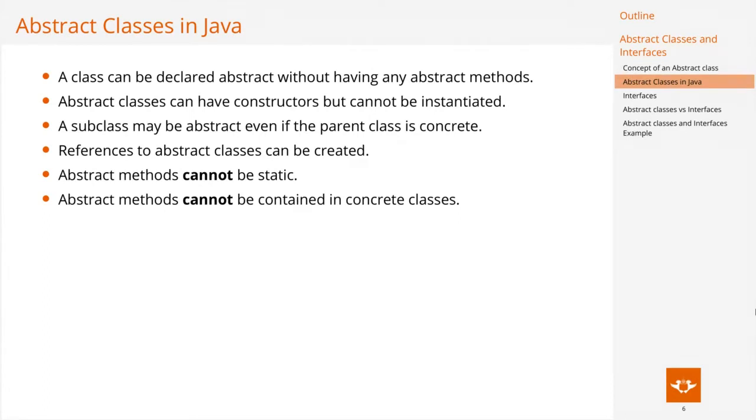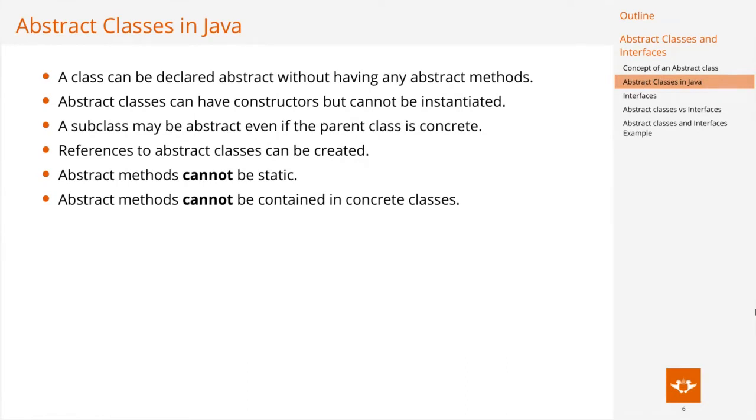So it has to be true for this to work. You can have a subclass that is abstract when your parent class is concrete, and that chain can continue. You can have a subclass that's concrete again, then a subclass that will be abstract again. The hierarchy doesn't really matter as long as you conform to having those specific things inside of the abstract class.